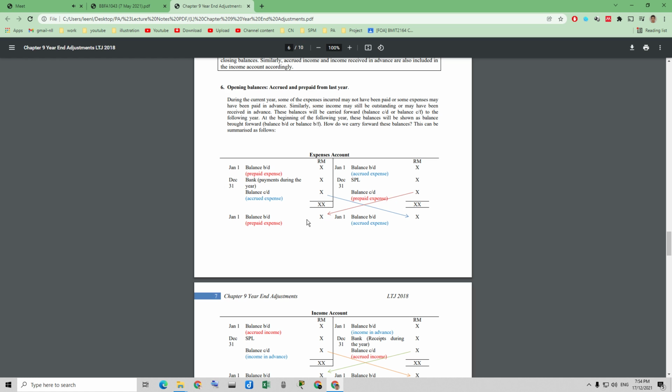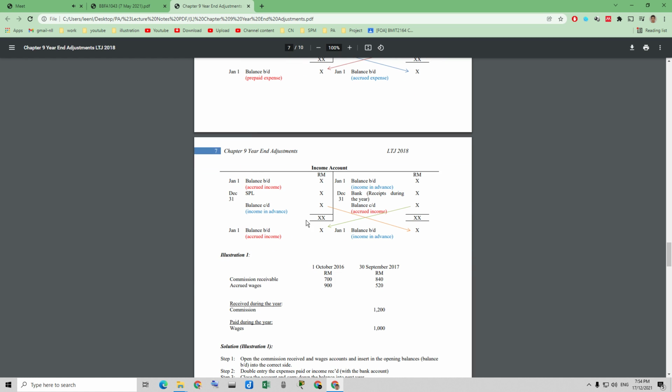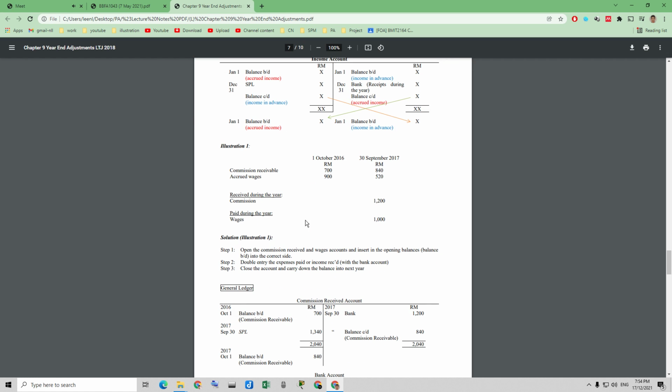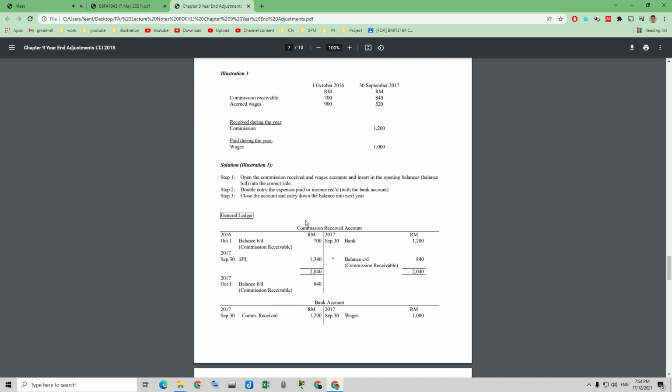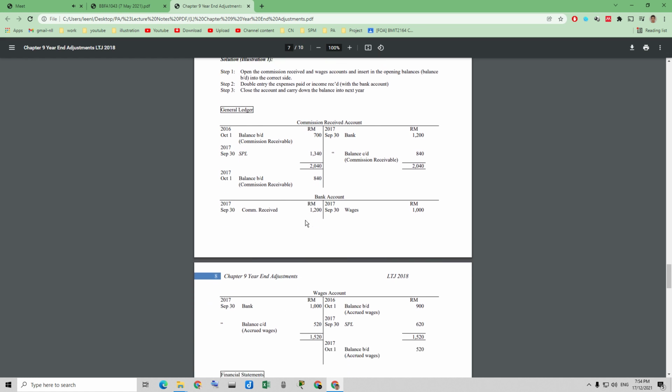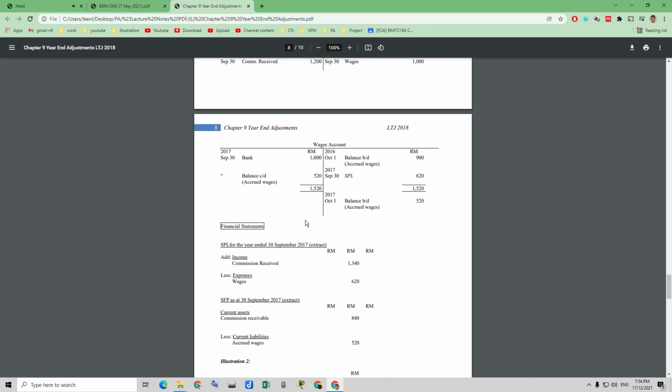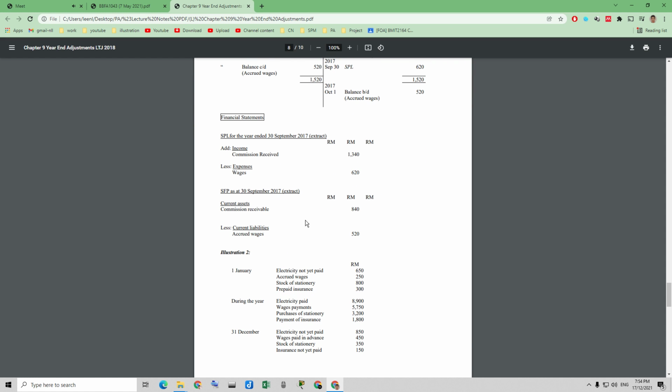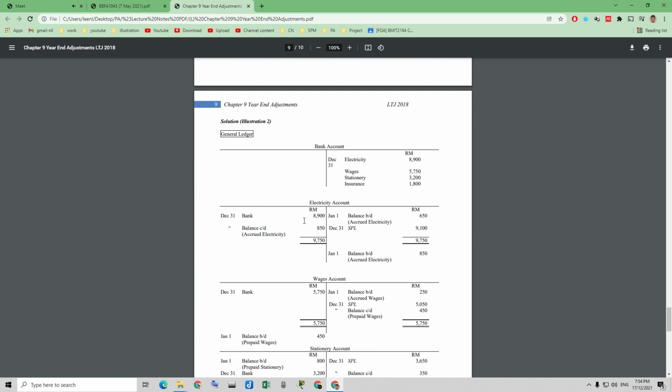So you must know if it's an asset, we have debit balances. Okay, the two-stage method, you have to open two accounts. That is, we try to separate the expenses, and if it's prepayment, then it is an asset account. Okay, so those are the things that you need to be prepared.